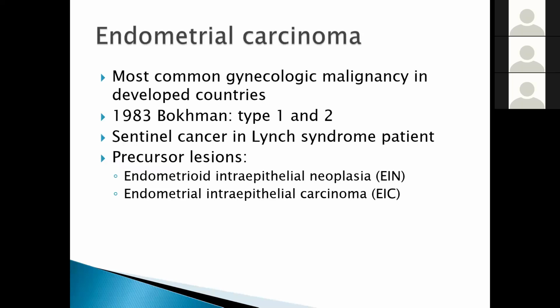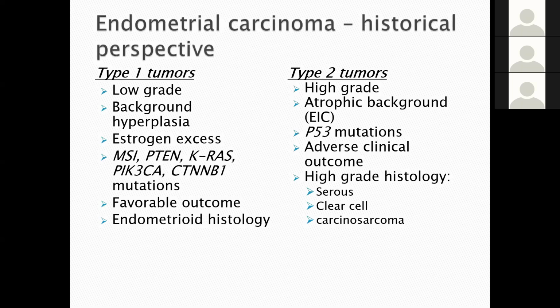The prognosis, let's see, type 1, you guys know it's good prognosis. It's usually low grade. It's arising in a background of hyperplasia and oftentimes driven by estrogen excess. So anytime there's a hyperestrogen condition, whether it's PCOS or hormone replacement or anything, the mutation pattern for type 1, again, endometrioid, is different compared to type 2.